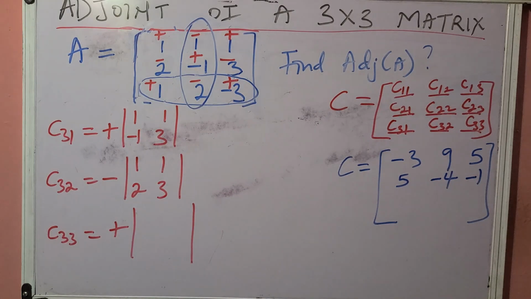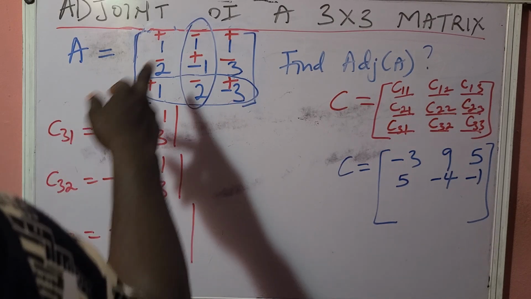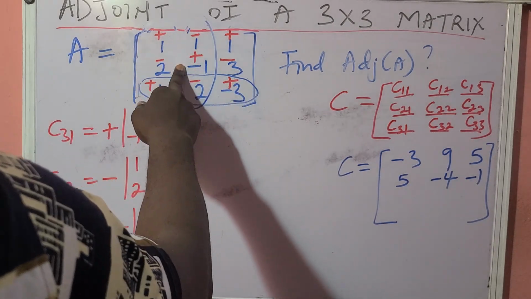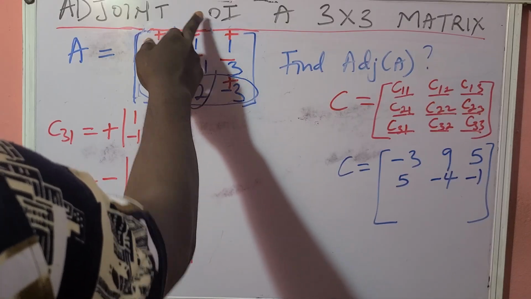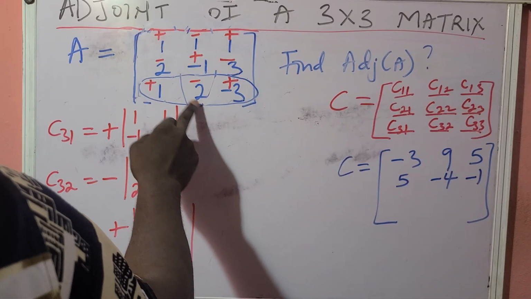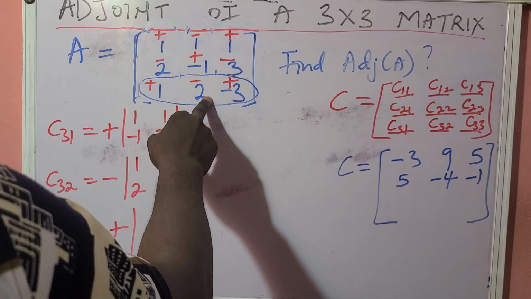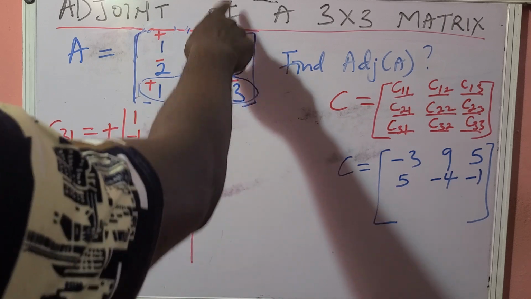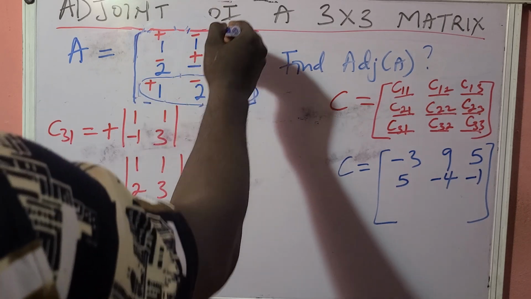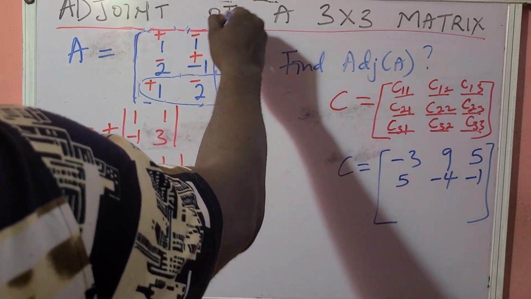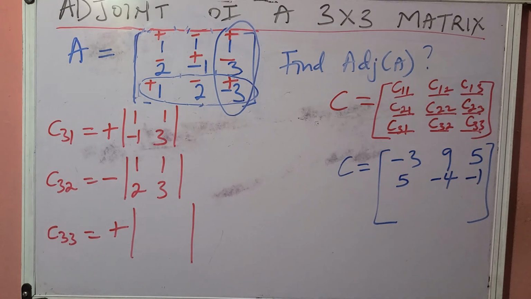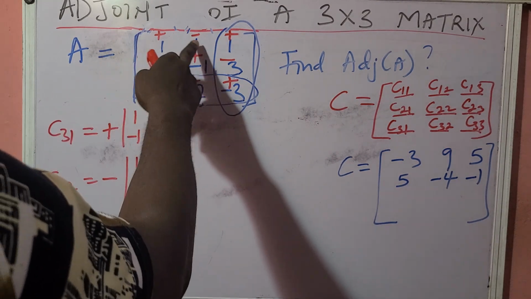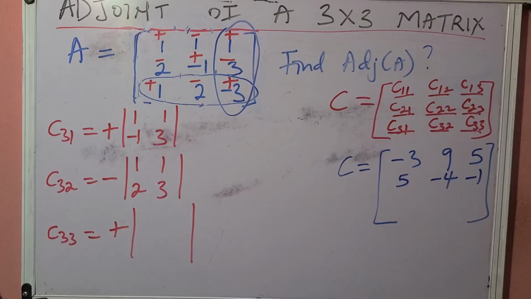The key to getting the correct answer for the cofactor matrix is in getting this very right. So you have to do it very carefully so you don't go wrong. So the next one we want to do is the last but not the least, C33. So that will be row 3, column 3. So we're left with 1, 1, 2, minus 1.